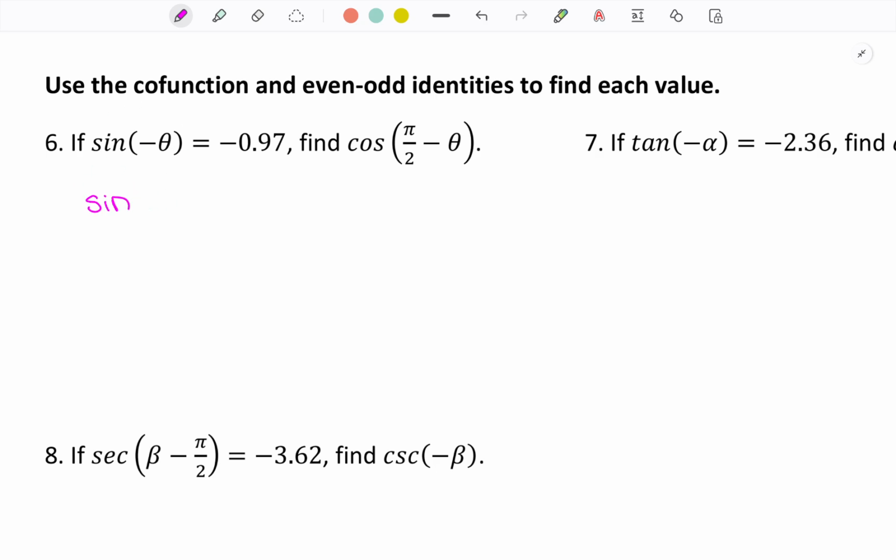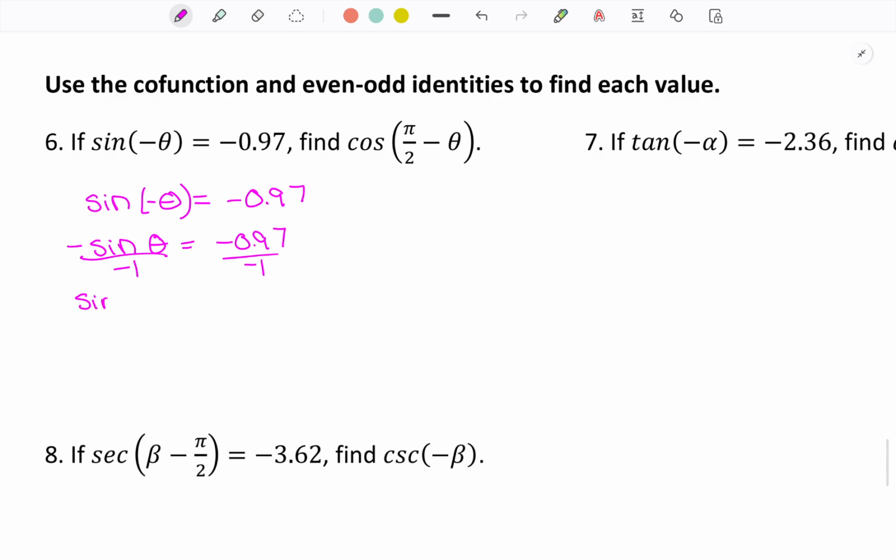We take the sine of negative theta equals negative 0.97, and factor out the negative that's inside. So we'll have negative sine theta equals negative 0.97. Then we'll divide by negative 1, and so we have sine theta equals 0.97.